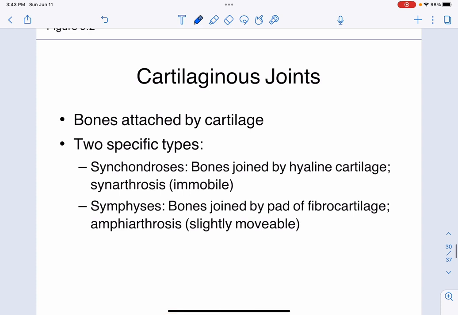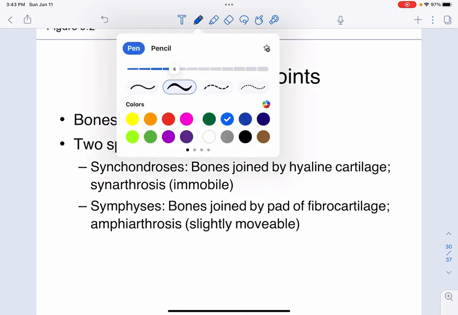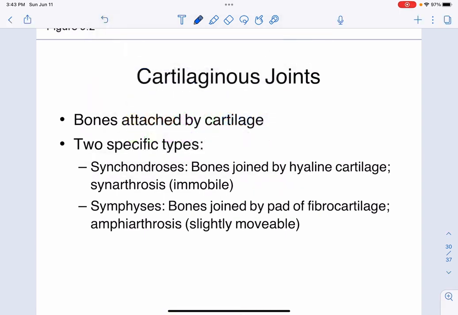The next group of joints was cartilaginous joints. These are when bones are attached by cartilage, and there are 2 specific types of cartilaginous joints. The first one is called synchondrosis.